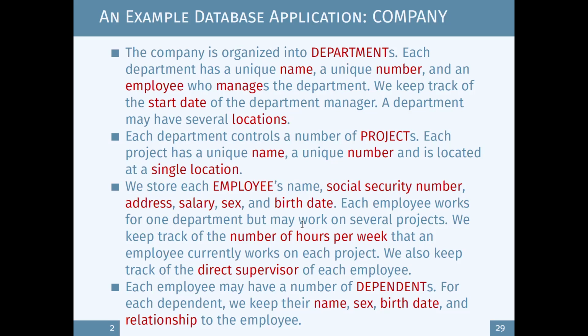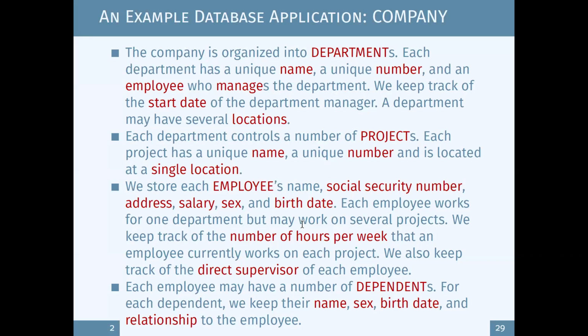Then the second thing is you have to identify the attributes. Simply, you need to remember that these attributes describe the entity types. For example, for department, we have a unique name and a number. The name and number are what we call the attributes.